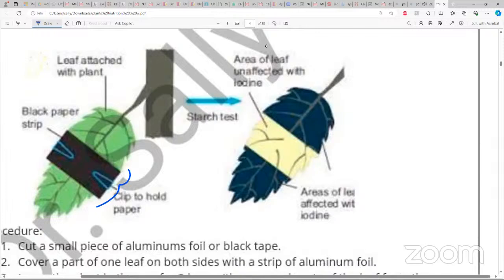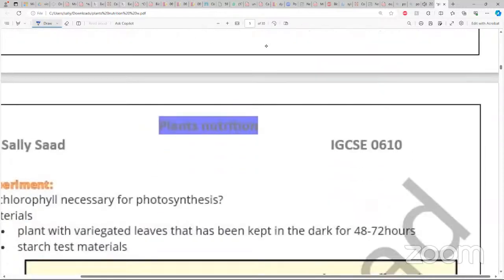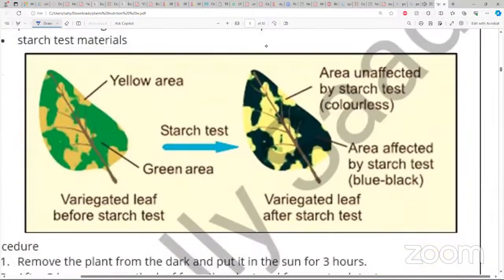So here, no light absorption. No light absorption means no photosynthesis. Then I will make the starch test on the leaf. So this part is blue-black, this part is not. So this means light is needed for the process of photosynthesis. You got my point? Okay.